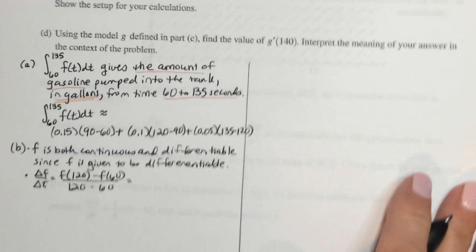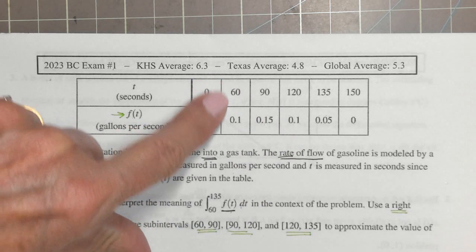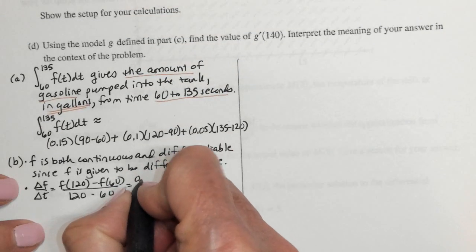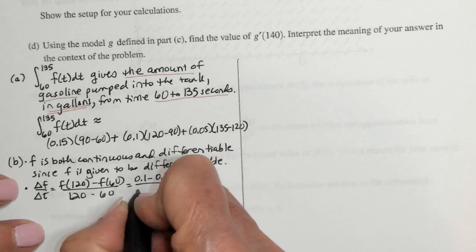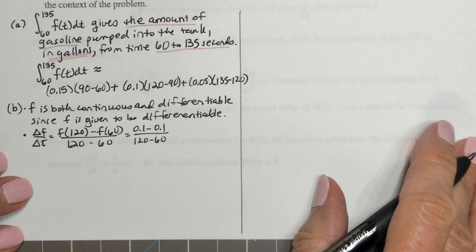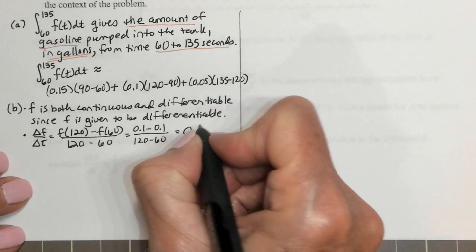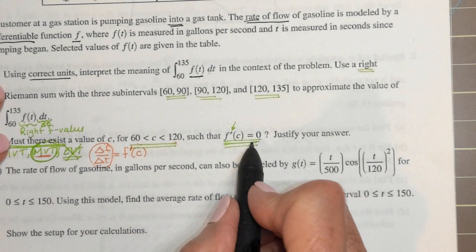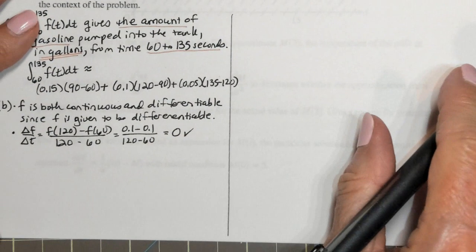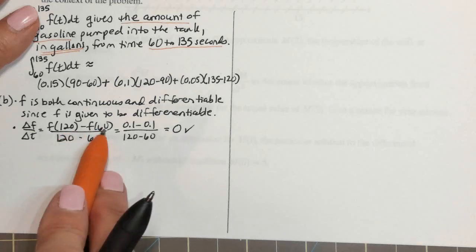Well, f of 120 from the table is 0.1. f of 60 from the table is also 0.1. Write that. Don't get sloppy and not write that step, okay? That might be worth a point, so don't leave it out. And that is equal to 0, which is what we were supposed to have it equal to. So a little check mark on that, okay? What is required here? Yes, you must say that.